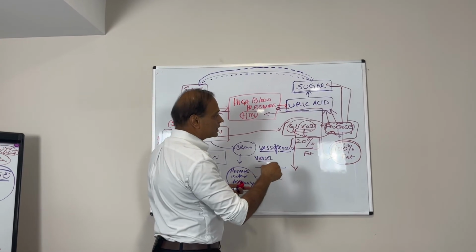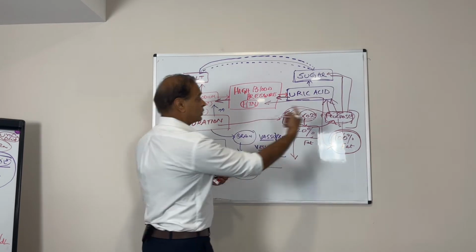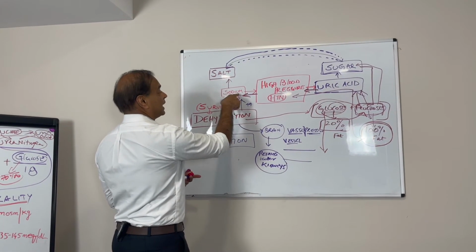This is the glucose that you have within the body. So the glucose that is within the body is being converted to fructose with the dehydration signal or when you eat high sodium foods.